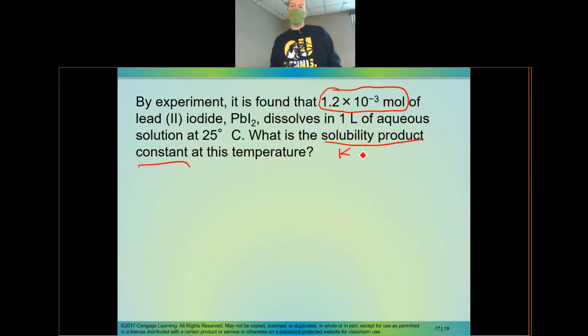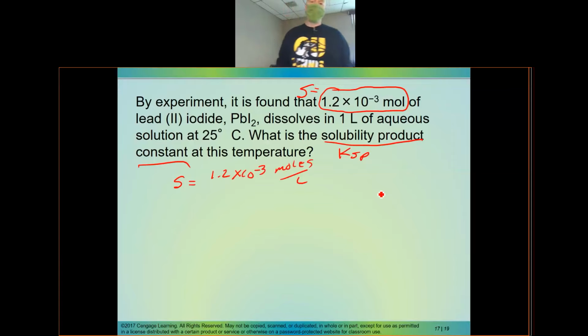You're looking for KSP. They gave you the molar solubility in the correct units, 1.2 times 10 to the minus 3 moles per liter.